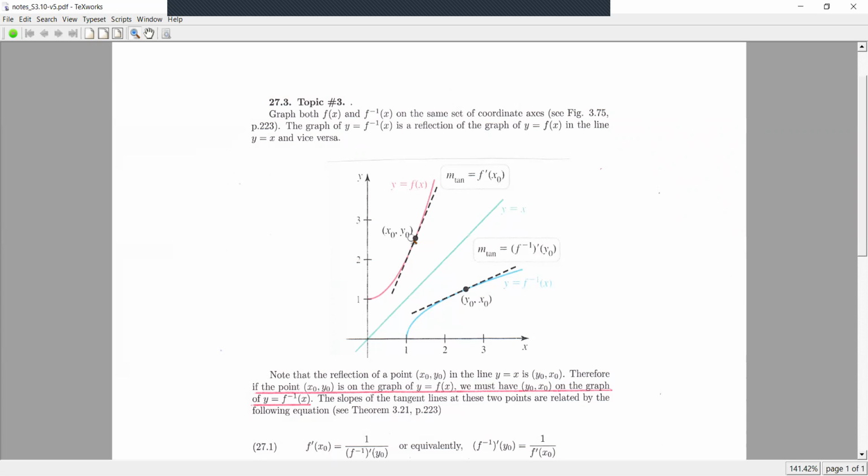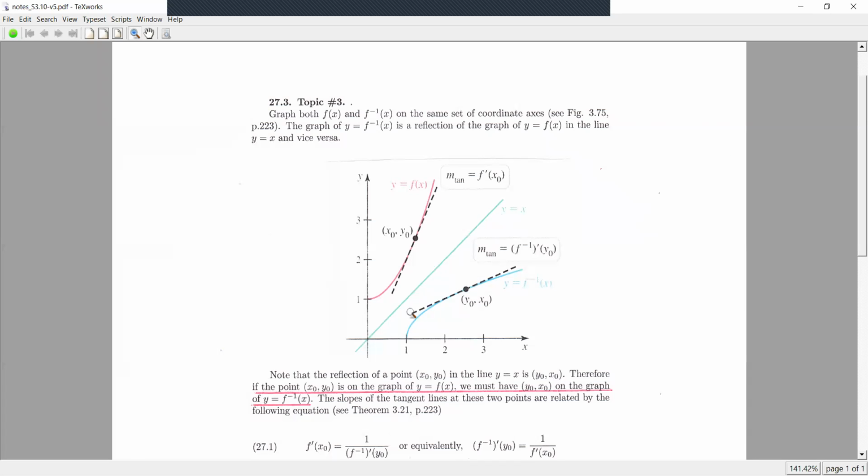If we reflect this point in this line, then we will have a point on the graph of f inverse. The x and y coordinates of this point are (y0, x0).